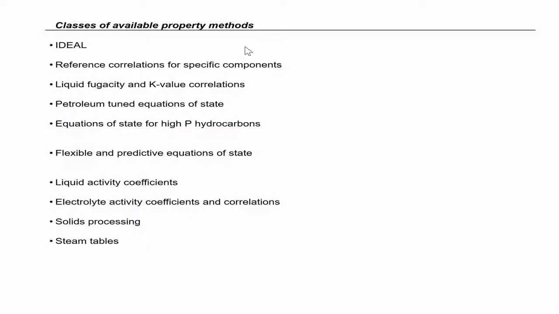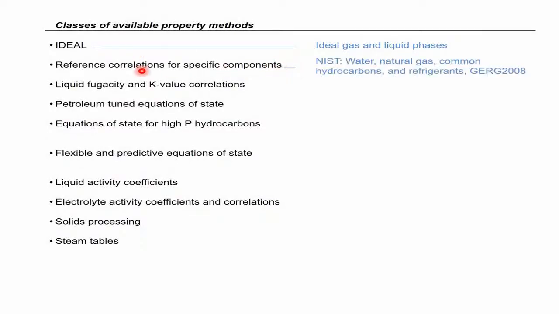According to this scheme, Aspen presents the following groups of property models. The first one is ideal, which corresponds to ideal gas and liquid phases. There are also several correlations for specific components: water, natural gas, hydrocarbons or refrigerants, from NIST or from specific equations of state.